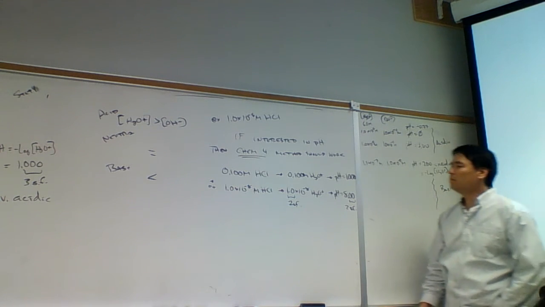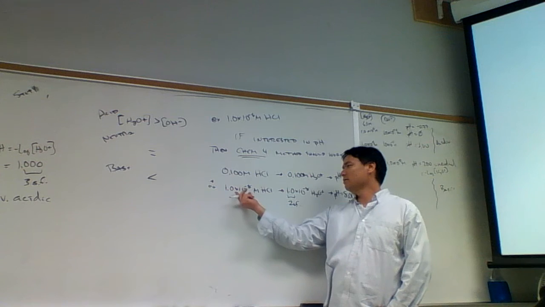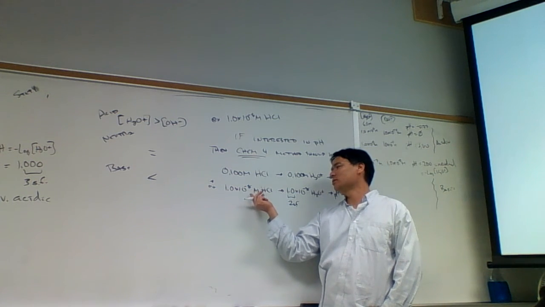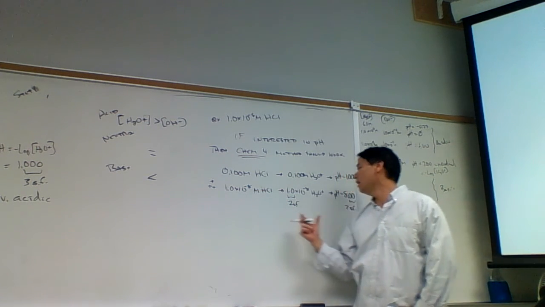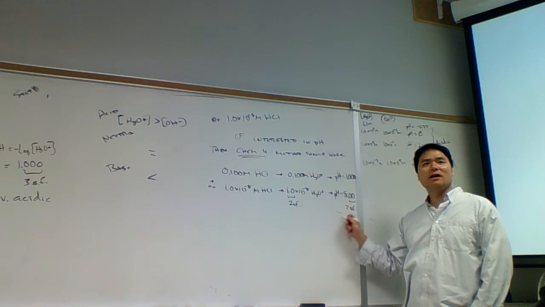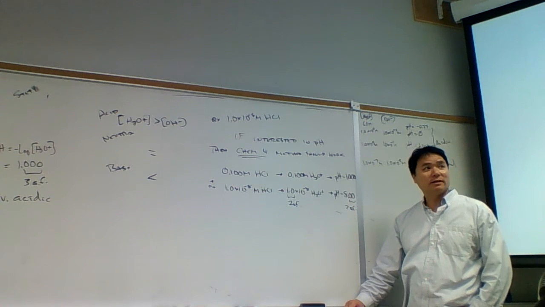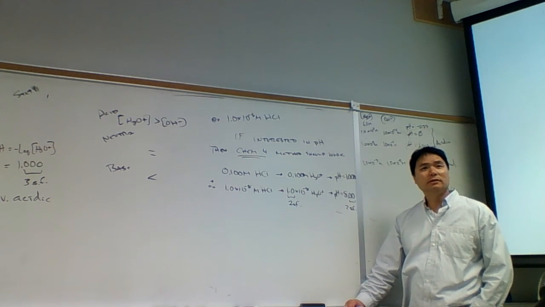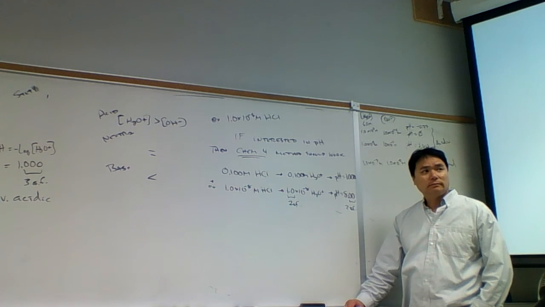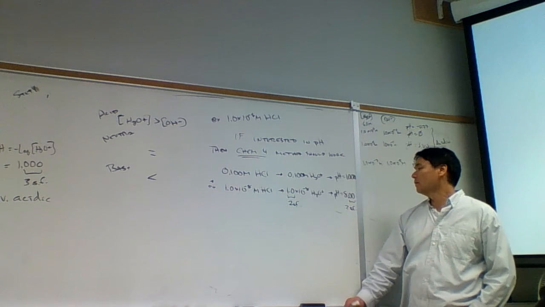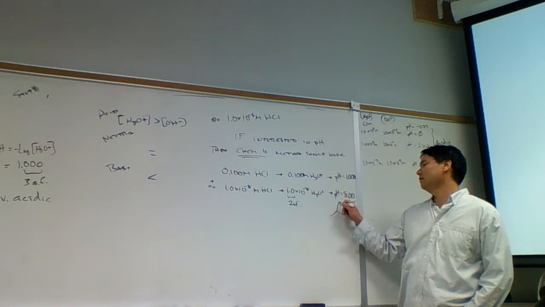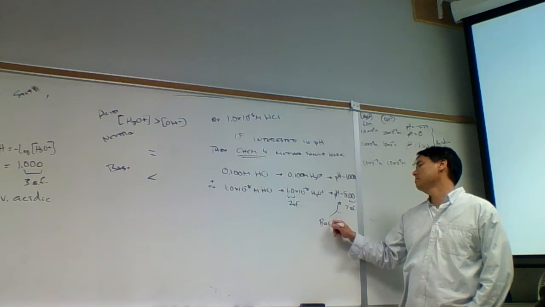And so a 1.0 times 10 to the minus 8 molar solution of strong acid is actually basic. It's not acidic, but it's really basic. Is that true? This is basic.